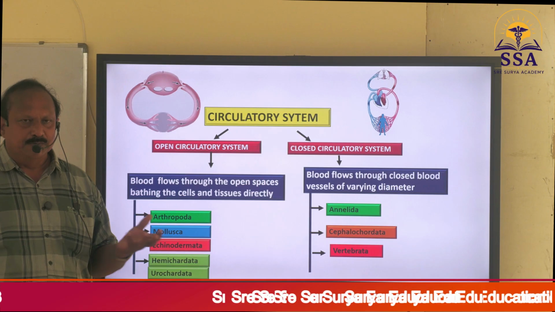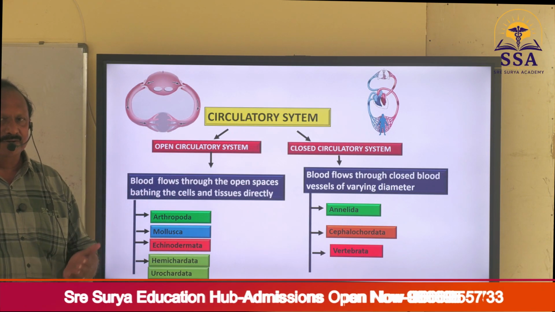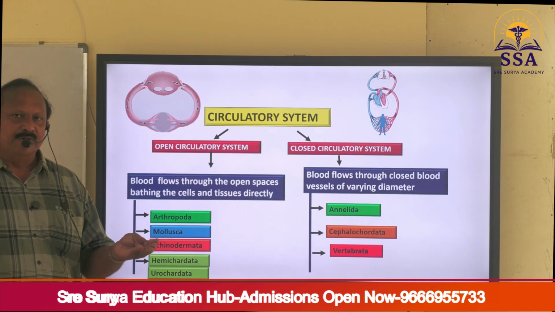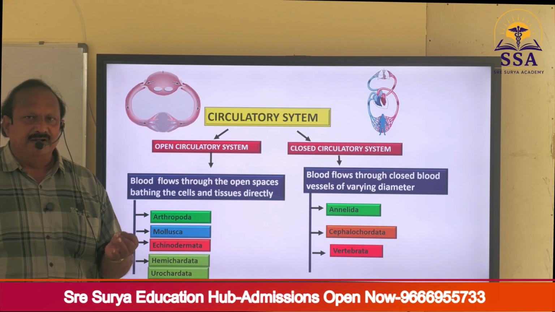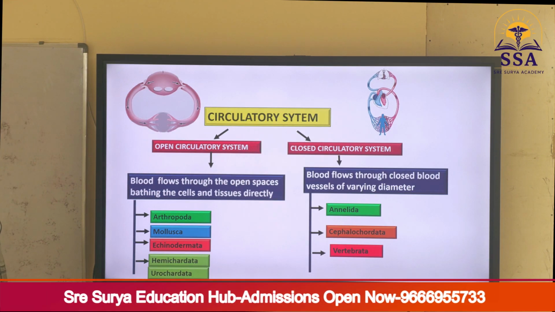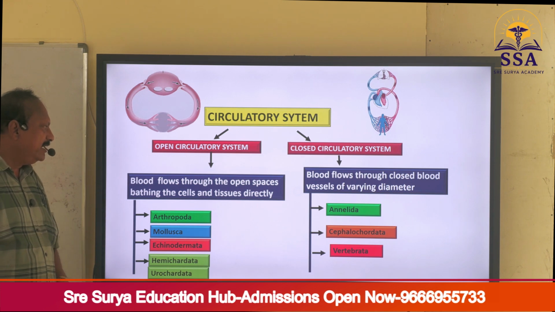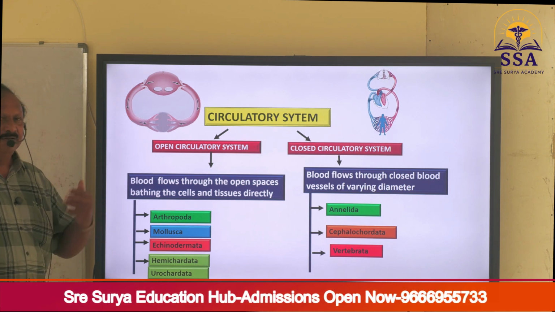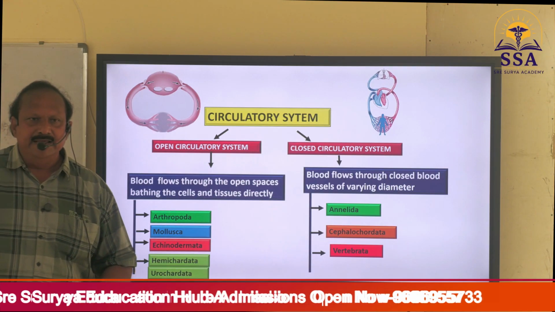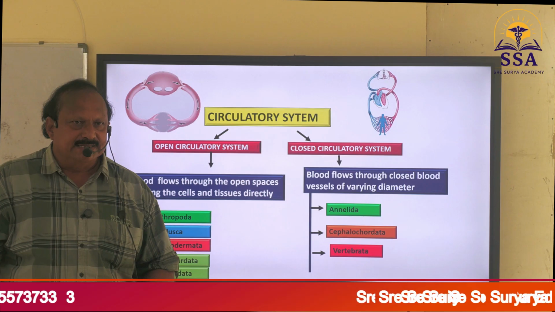There are 5 groups which are open from Arthropoda to Urochordata. Arthropoda, Mollusca, Echinodermata, Hemichordata and the Urochordata, they have open type circulatory system. Closed type, Annelida, Cephalochordata, Vertebrata. Then what about the sponges, Cnidarians, Ctenophores, Platyhelminthes, Aschelminthes?